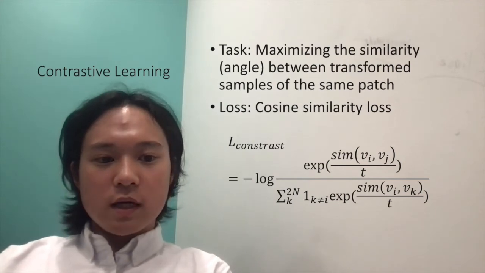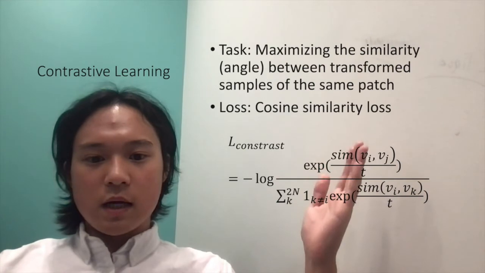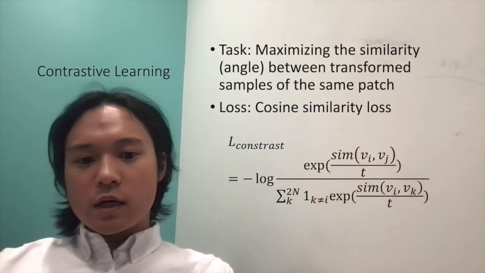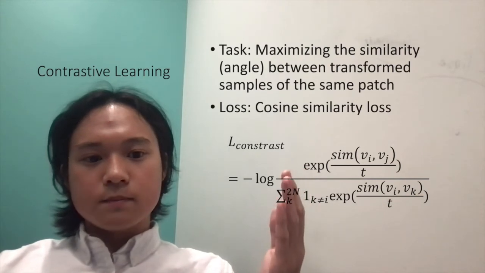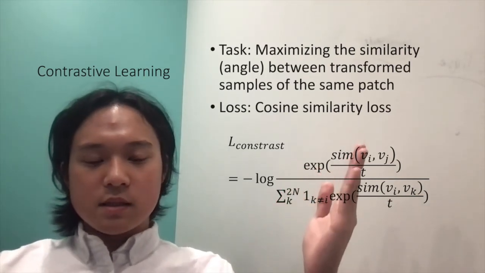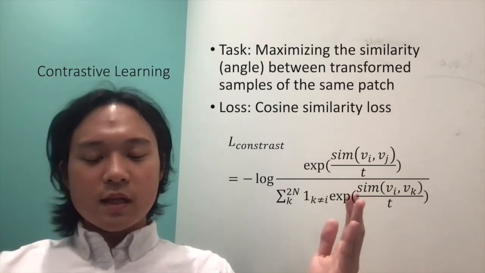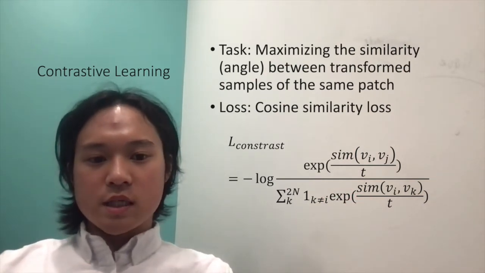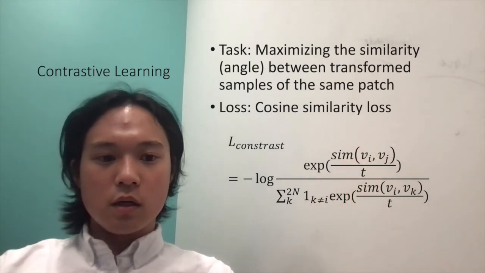To put this way of thinking in mathematical terms, the author uses a cosine similarity loss. Let's look at the formula here. To minimize the loss is the same as maximizing the denominator while minimizing the numerator. Taking a step forward, we are essentially trying to maximize the cosine between Vi and Vj here, while minimizing the cosine between Vi and Vk here.